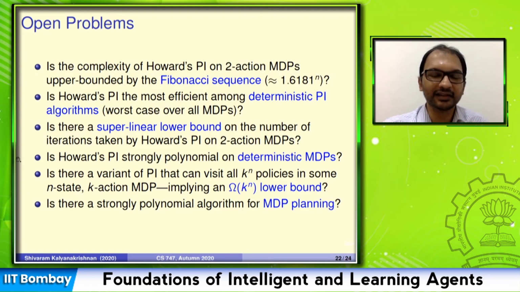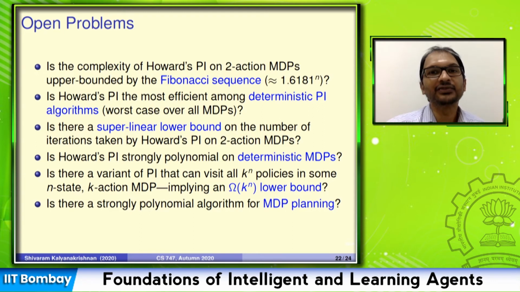Somewhat different question. Okay, is looking at Howard's policy iteration on a special class of MDPs. So imagine MDPs in which the transitions are all deterministic, which means when you take an action from a state, there is a fixed next state. Okay, there's no stochasticity in the actions for any action. So such an MDP is called a deterministic MDP.